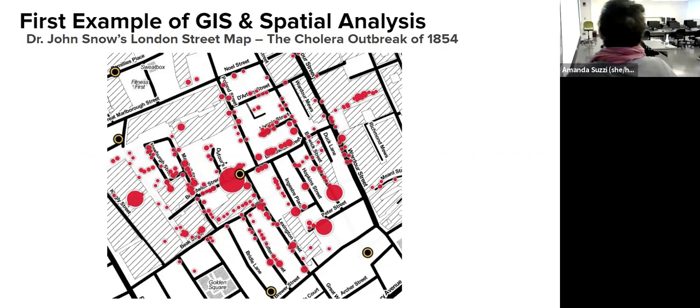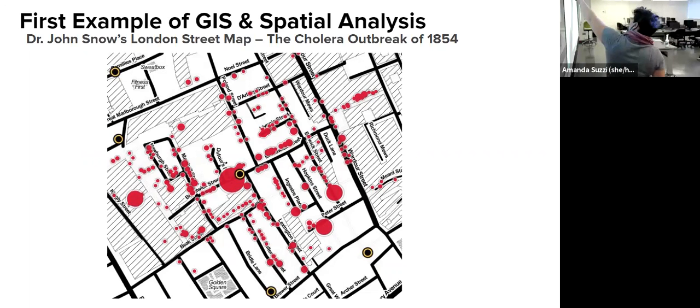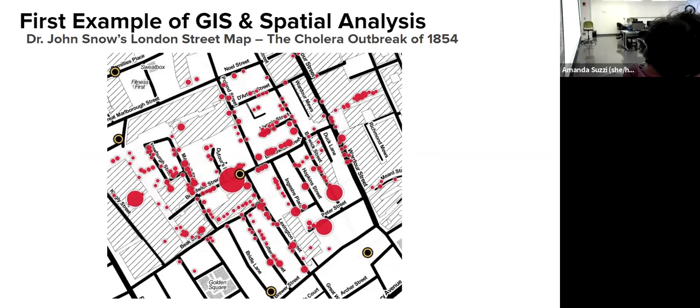He went and talked to people. Because this well had better water than these ones, the yellow circles, those people were going to the center well for their water. It turns out there was a cesspool bordering that, which is like a pit of poo.